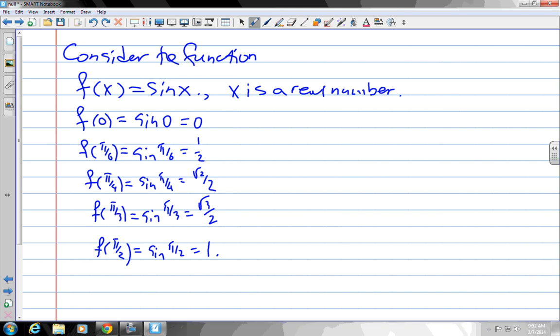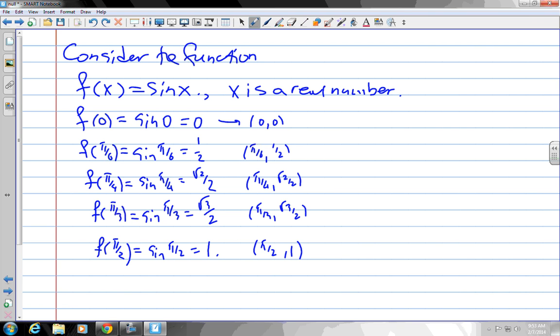Right? So what I have here, I have a bunch of ordered pairs. 0, 0; pi over 6, 1/2; pi over 4, square root of 2 over 2; pi over 3, square root of 3 over 2; and pi over 2, 1. These are ordered pairs, right?